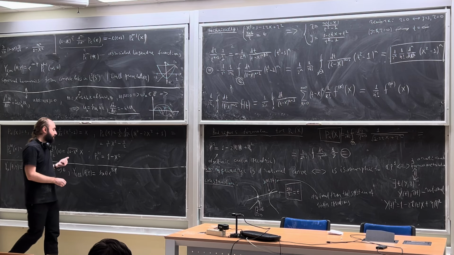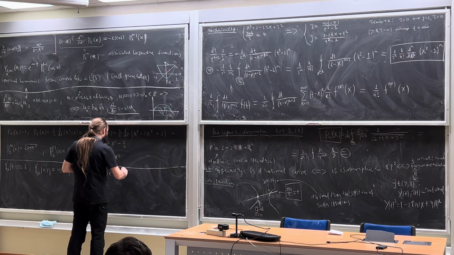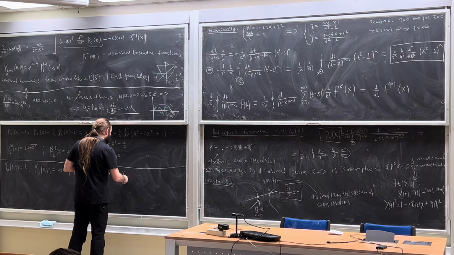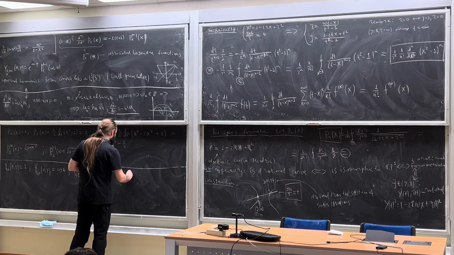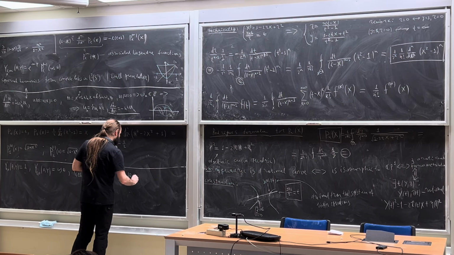Thanks. So then Y2 0 of theta and phi. What is this?